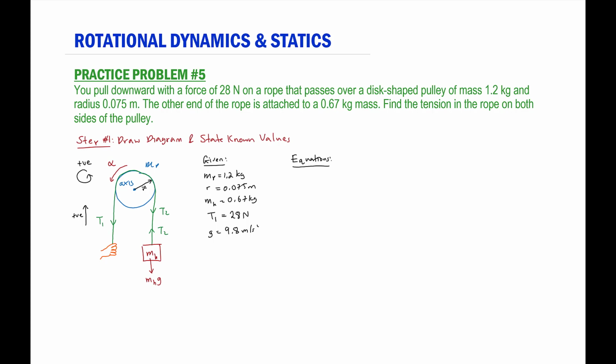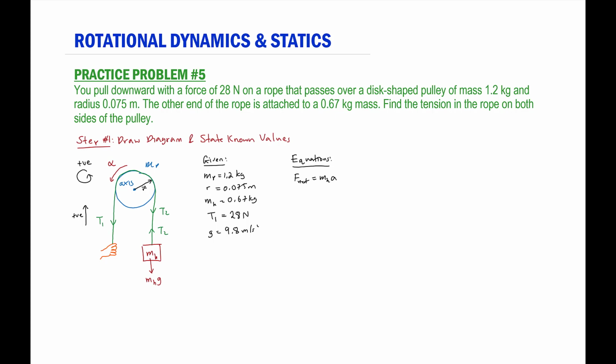Next, we should probably look at some of the equations we can use for this. We do know that there are two Newton's second law equations we could use. We have F net equals ma. In this case, the only one that this equation could apply to would be the hanging mass, so we can change this to mha.